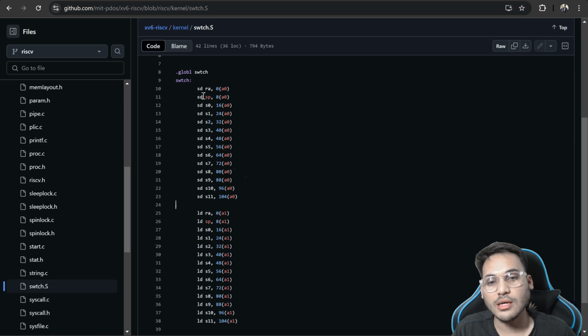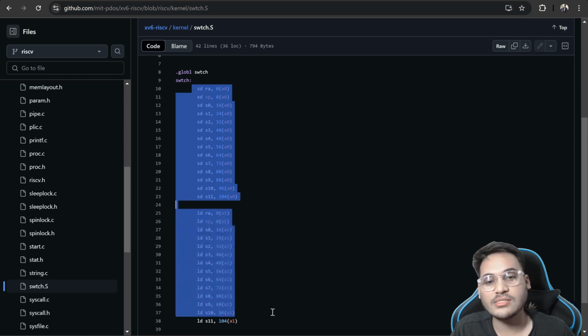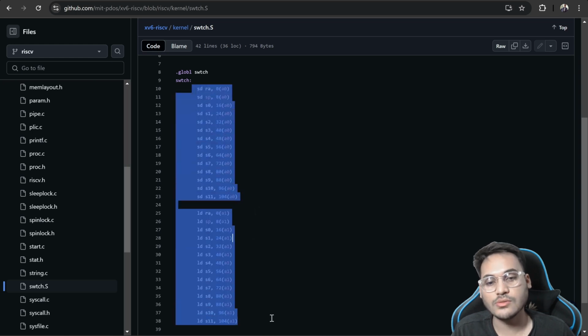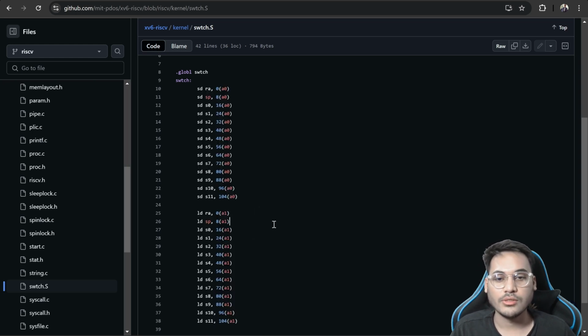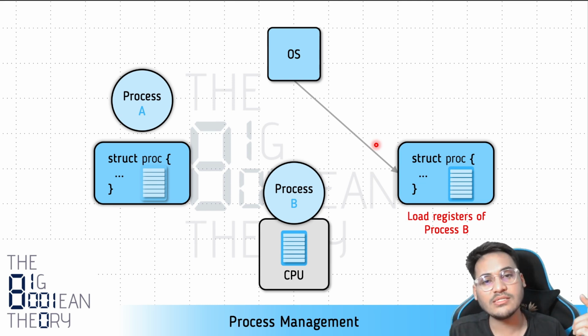You can see that in this part there are 12 instructions, I think. So there are multiple instructions required to make a context switch happen. At least 20 to 30 loads and stores are there, so this definitely takes more time than switching from kernel to user mode or user to kernel mode, which happens in just one single instruction using a trap instruction.